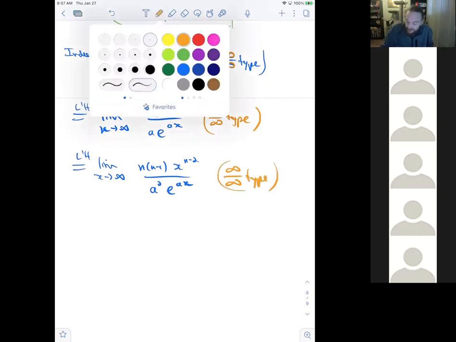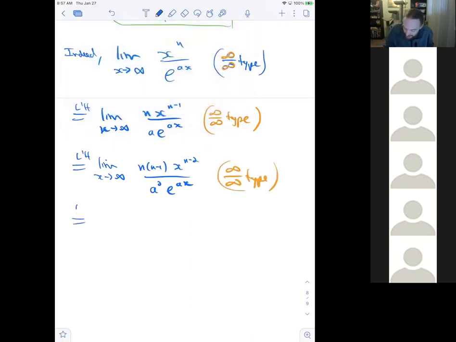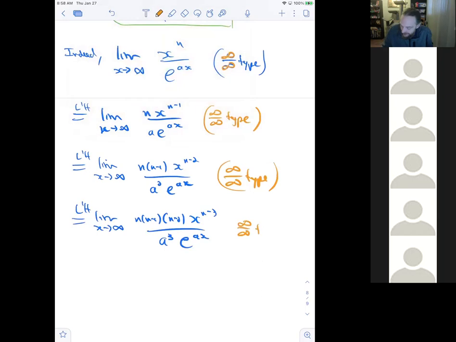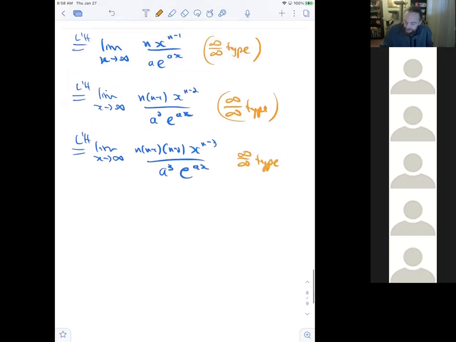I can take the derivative again. You'll see where I'm going with this in a second. The limit as x approaches infinity of n times n minus 1 times n minus 2 times x to the n minus 3 over a cubed e to the ax, which is still infinity over infinity type. So we're going to do this. We need induction.